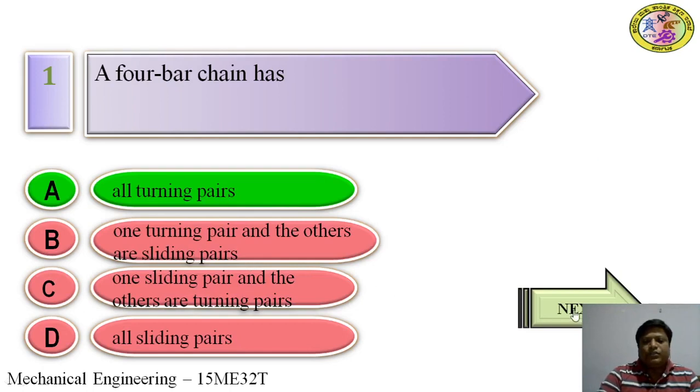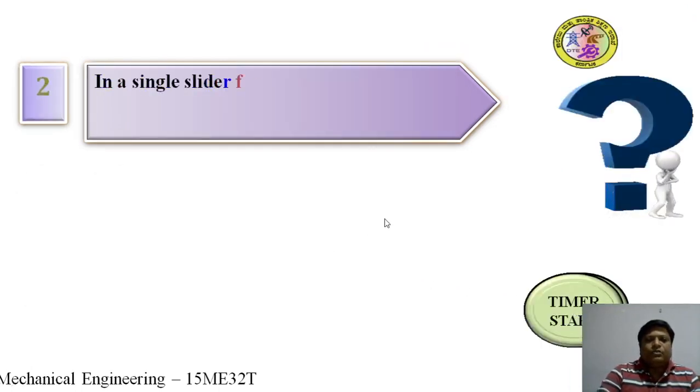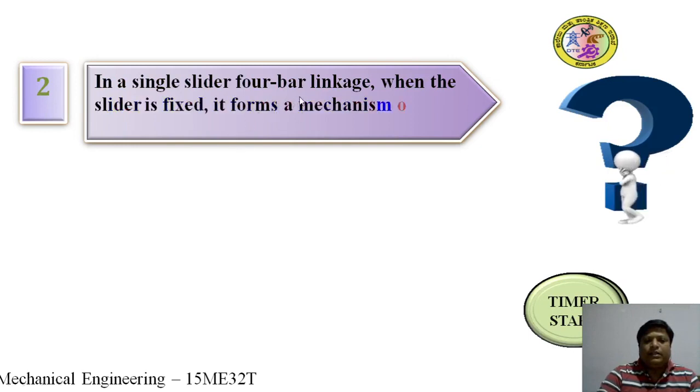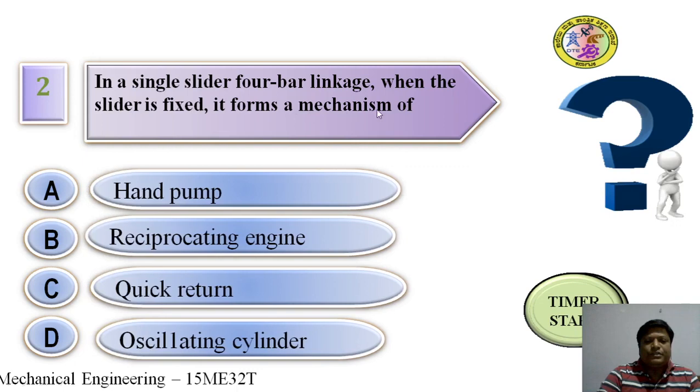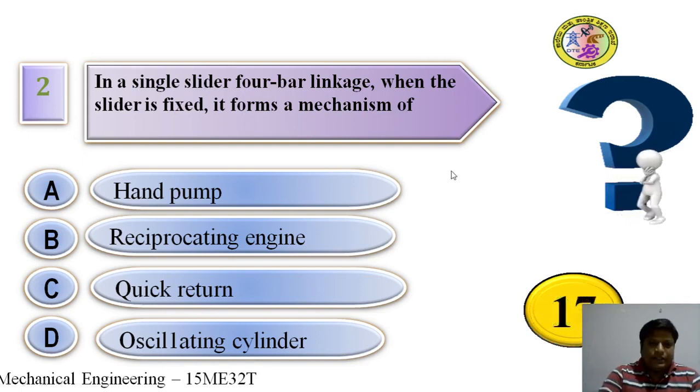We'll move to the next question. Question number 2: in a single slider 4-bar linkage, when the slider is fixed, it forms a mechanism of. In a single slider mechanism, one of the links is fixed, obtaining different mechanisms.